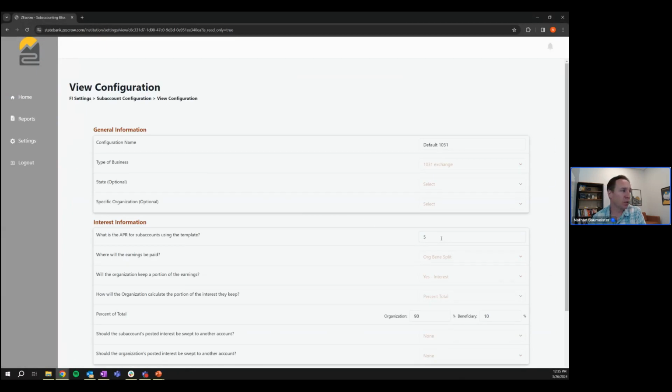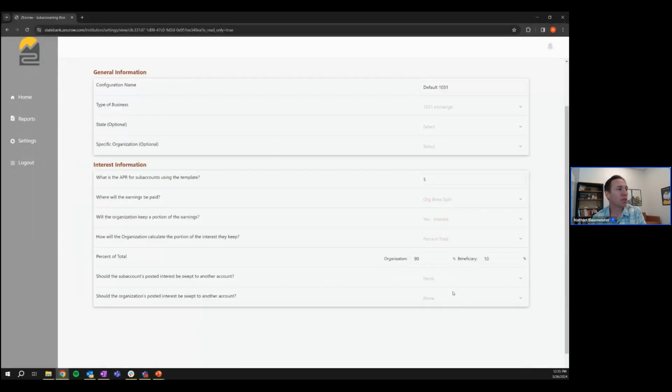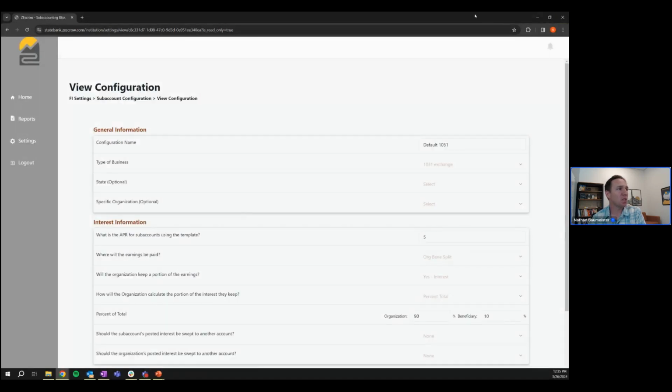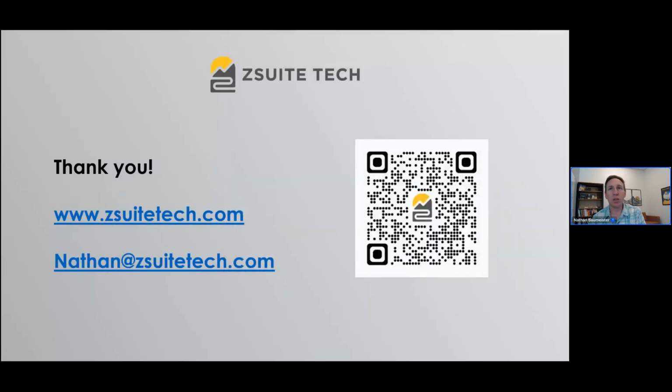So for example, this one is set up for 5% interest, where the earnings are split between the organization and the beneficiary. That organization is going to keep their split as interest as opposed to fees. The split's going to be 90% to 10%, and then you can determine what happens to that interest after it's paid out. So a lot of different options in regards to those templates, and that is what allows us to use the system for all these different use cases.